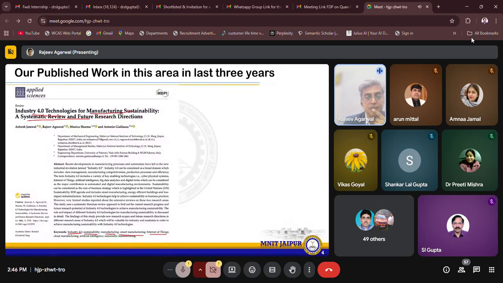Then IoT, cloud manufacturing, AI, and sustainable manufacturing. So for conducting a literature review, you need to first very effectively understand these are my keywords, and I will be going with this.